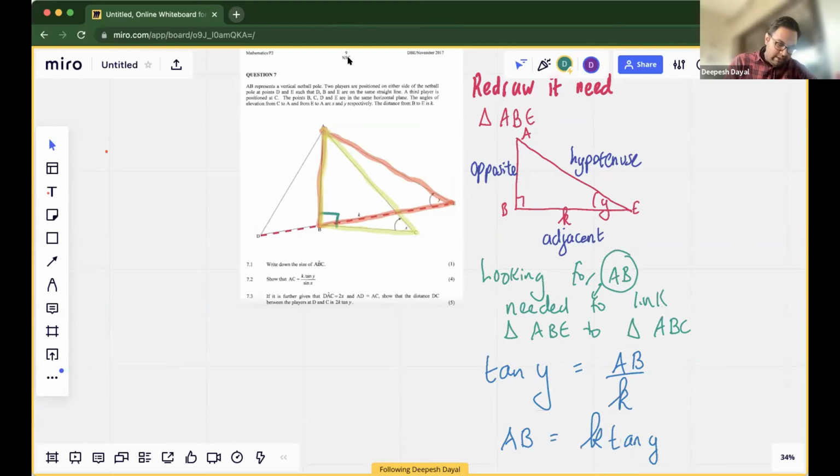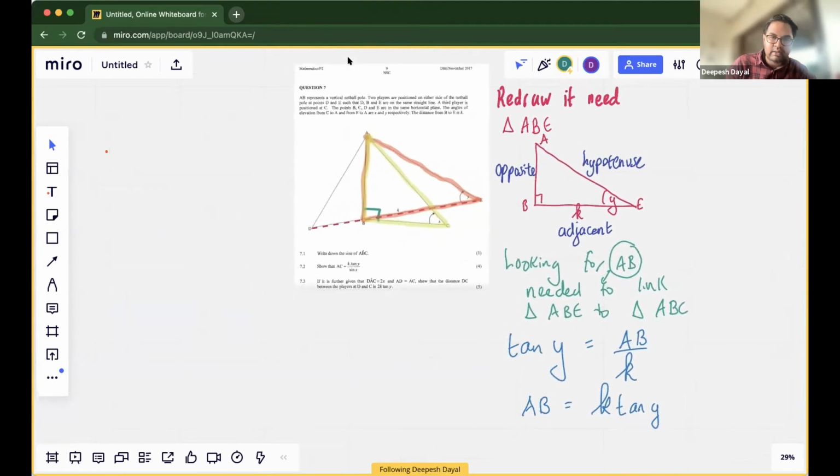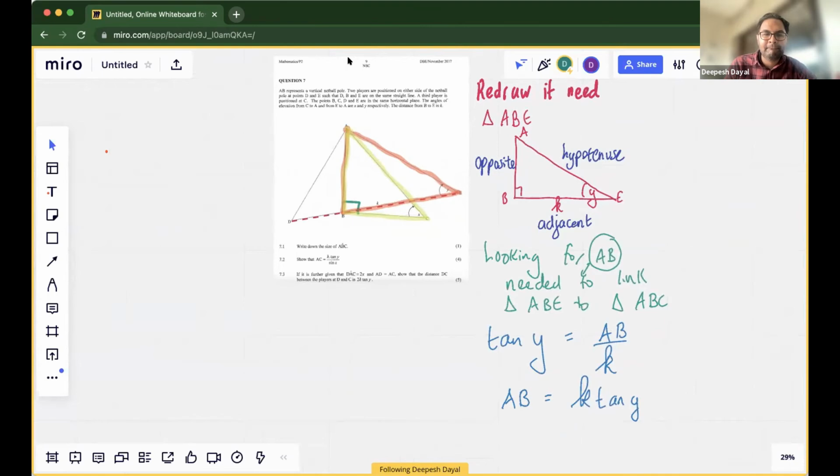Now we've got AB, which is K tan Y. And now what are we going to find? Now we're going to find what's going to happen in triangle ABC. So let me draw that out. That's triangle ABC, and we've got this is 90 as well, right?